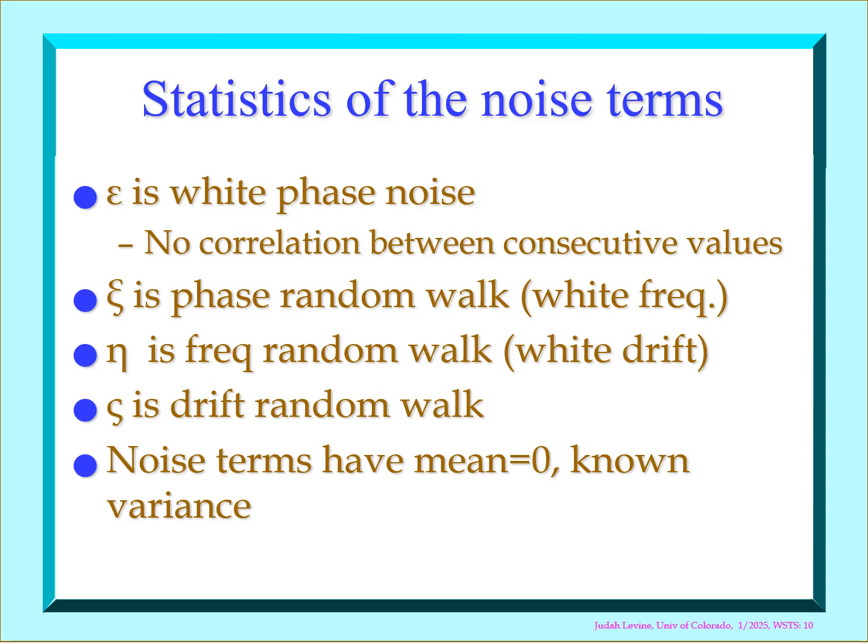In each one of the cases, these noise terms have a mean of 0. They have known variance, but again, the effect on the time and on the frequency and on the drift is not the parameter itself, but its integral. And that means that the integration tends to turn them into random walks.